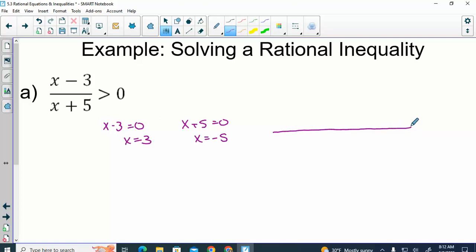Do we want the positives or the negatives? Greater than 0 means we want the positives. I am not going to do the full graph here. I'm just going to make what's called a sign line, so we are going to decide if these things are positive or negative.